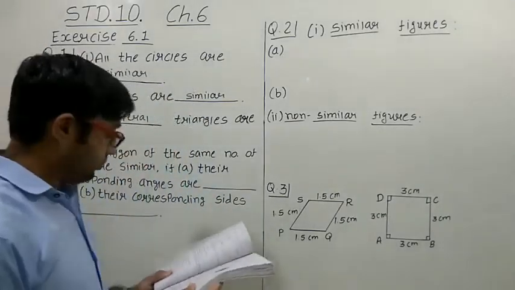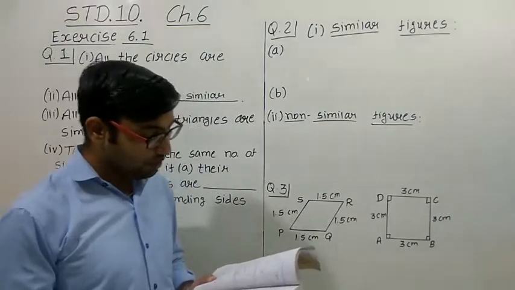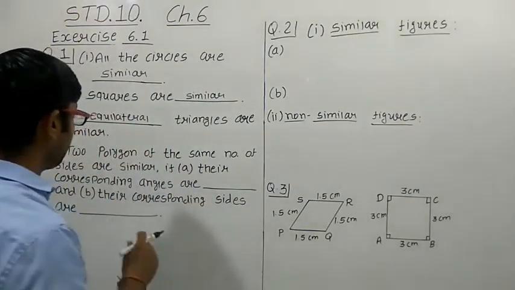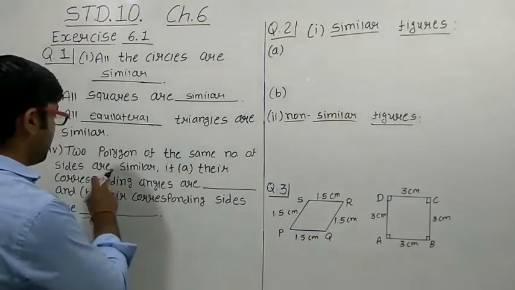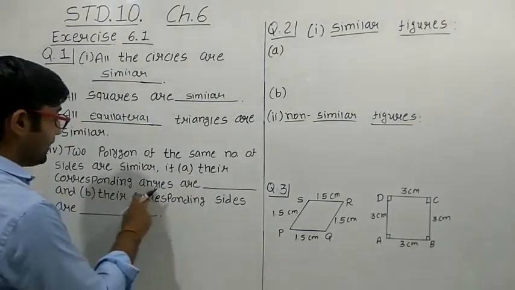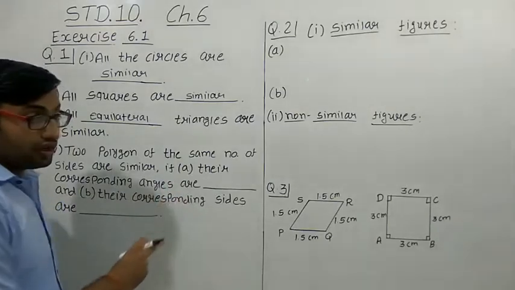Now the fourth one: two polygons of the same number of sides are similar if (a) their corresponding angles are what, and (b) their corresponding sides are what.